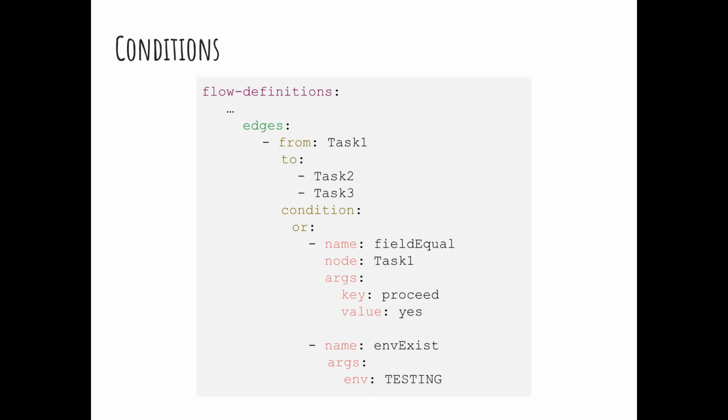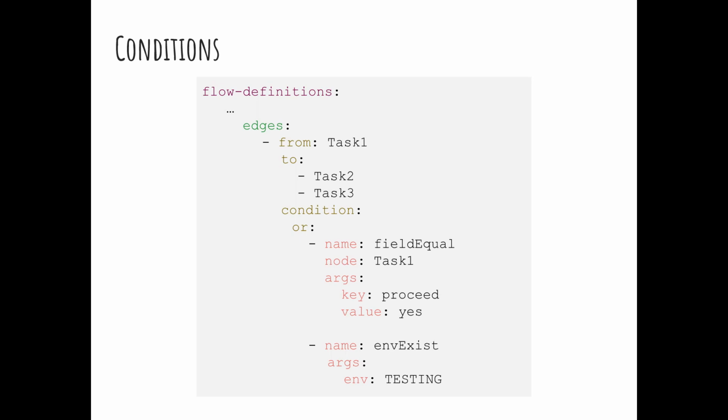So let's create a condition. In our edge definition, we provide the condition key, and we proceed from task 1 to task 2 and task 3, meaning we fire the edge from task 1 to task 2 and task 3 if field equal. The result of task 1 has the field proceed, a key in the dictionary, and this key is proceed, and the value of this key is yes.